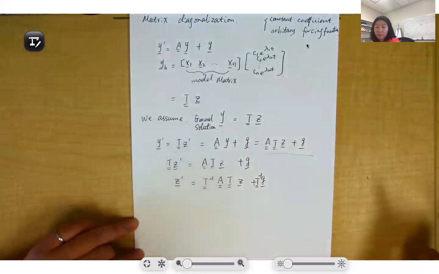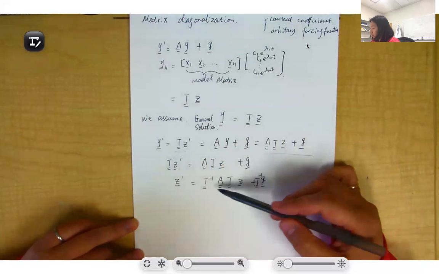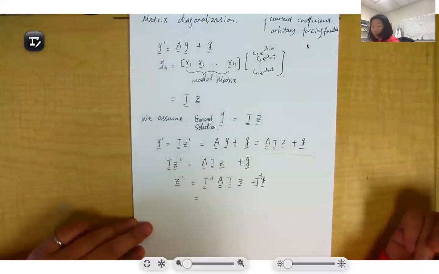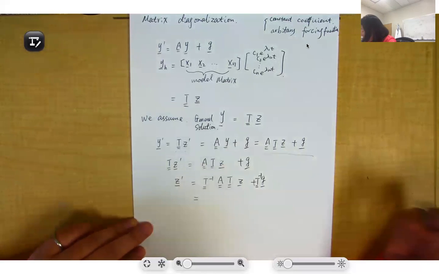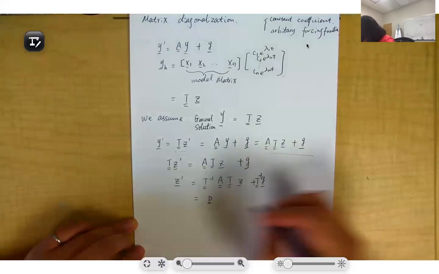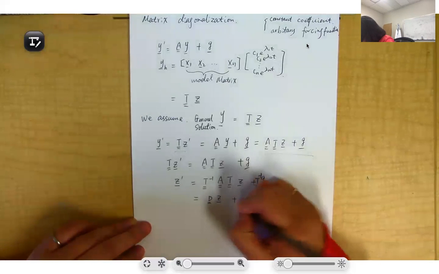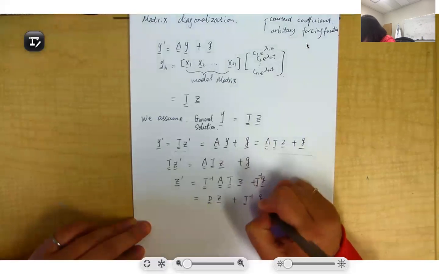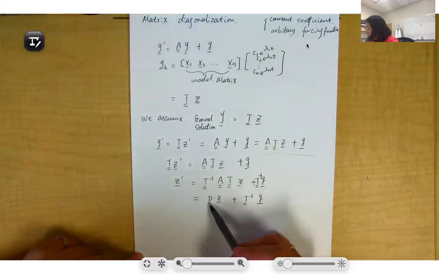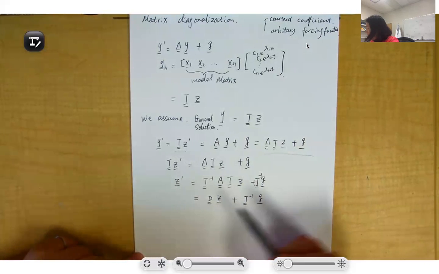You have to multiply T inverse on the left of both terms. Then T inverse AT is a diagonal matrix, which we already proved before. The diagonal values are all the eigenvalues. So T inverse AT equals a diagonal matrix D whose diagonal elements are all the eigenvalues.